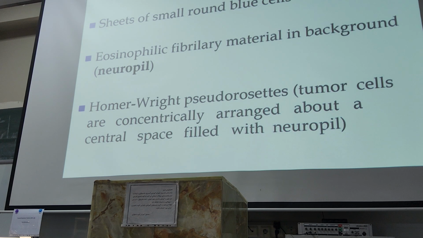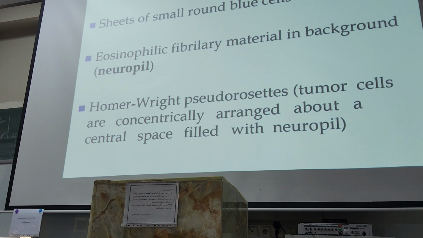Do you know some other tumors which show rosette formation? For example, you have a tumor named ependymoma. Ependymoma is a central nervous system tumor which makes true rosettes. In some true rosettes, the central region is empty. There is no neuropil or any cell or any material. You also have perivascular pseudorosettes.